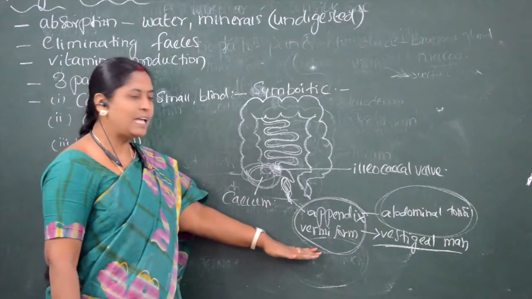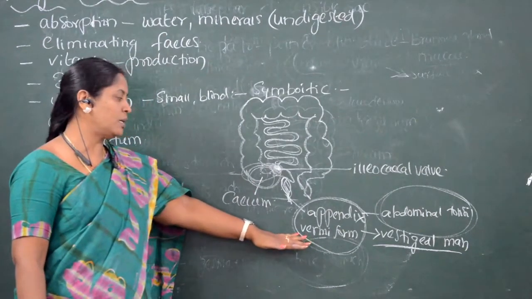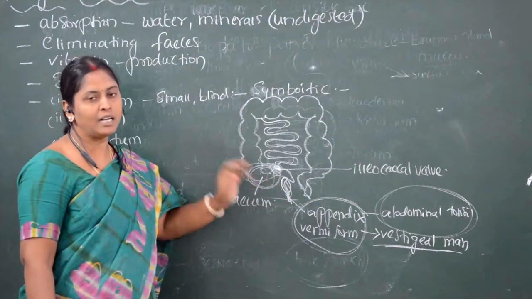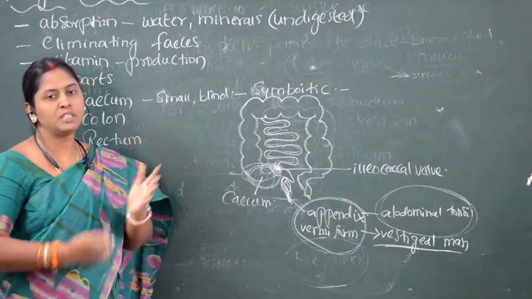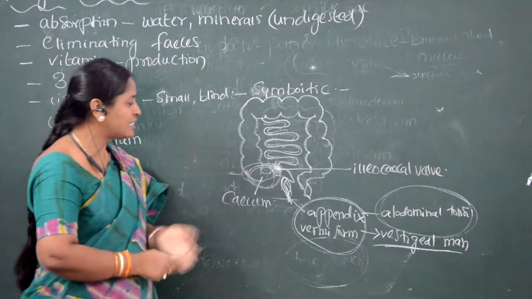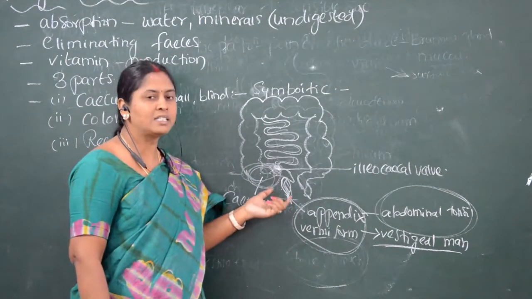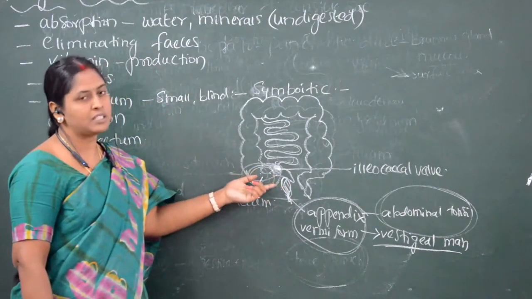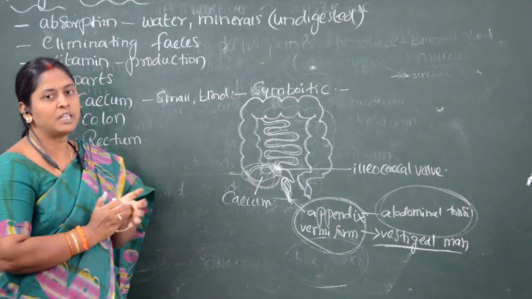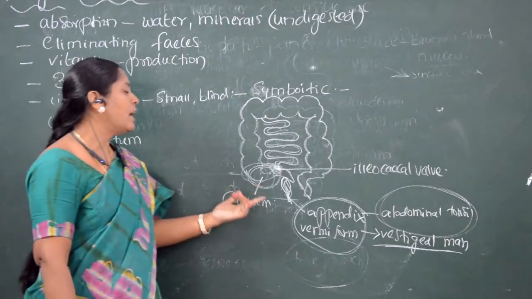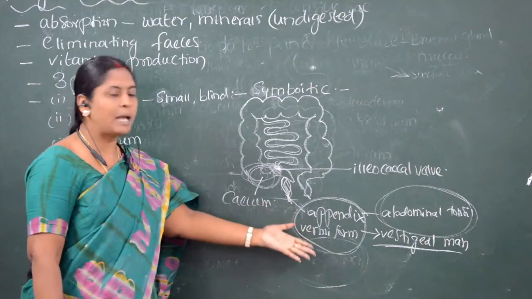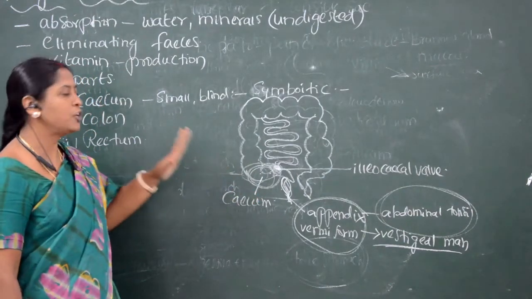Whereas in herbivorous organisms, the appendix is well developed, because cellulose has to be digested, and most of the cellulose digestion occurs with the help of the appendix present in the cecum. In rabbits, deer and other herbivorous animals, most of the cellulose is digested by the appendix. But for human beings, the appendix is vestigial.